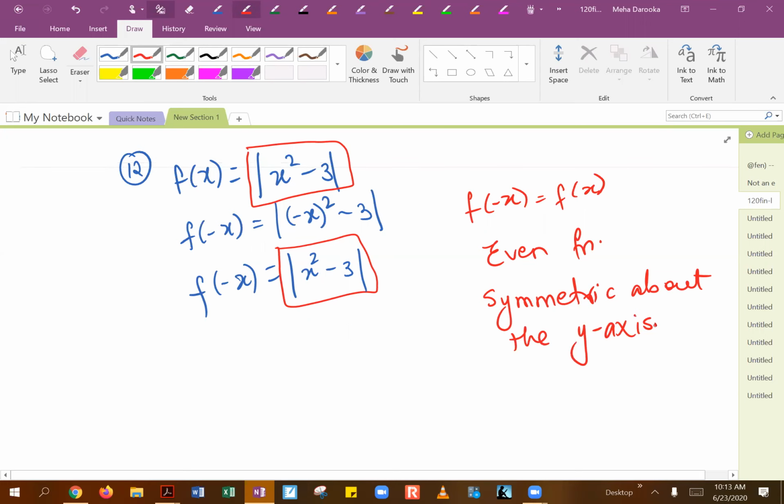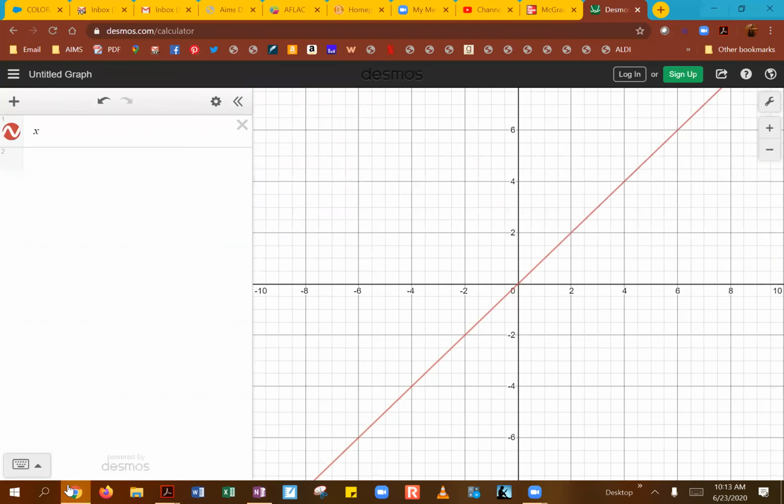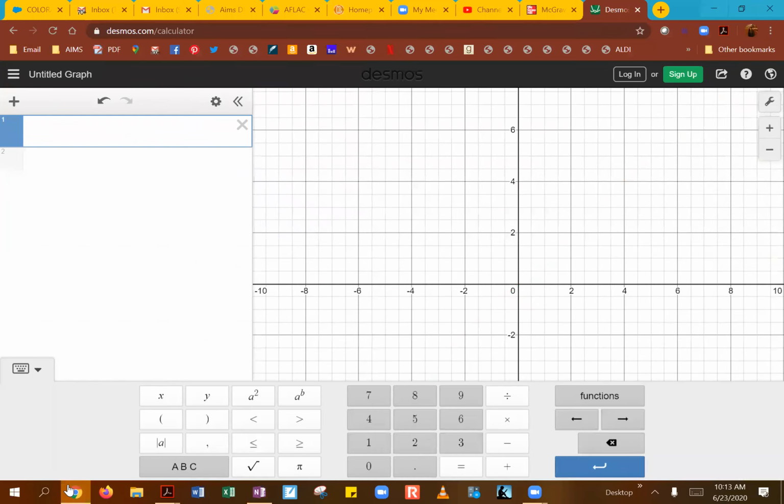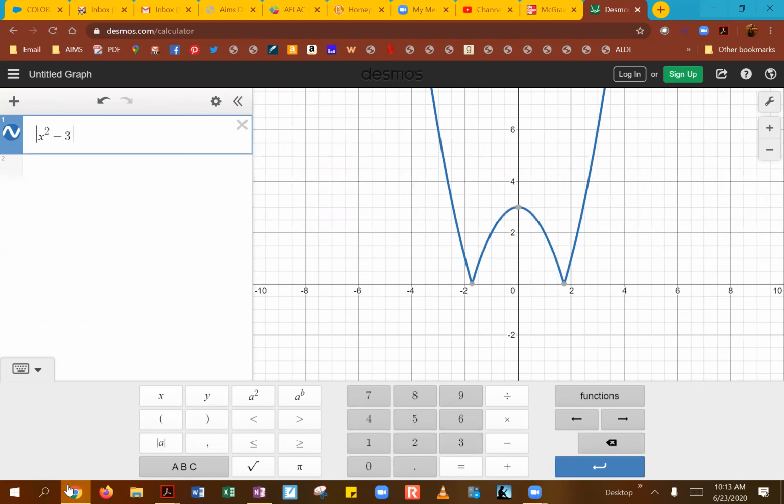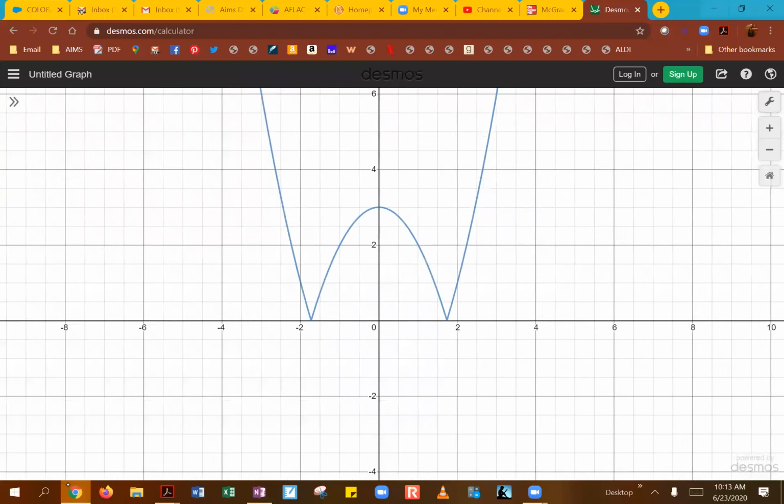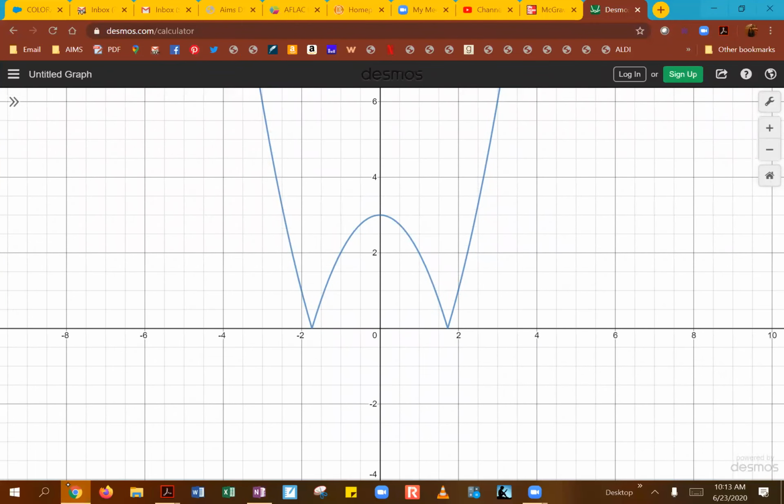So again, just to quickly show you the graph for this guy. This is with absolute value. And then we've got x squared minus 3. You can see, because of that x squared part, you have that little parabolic shape. And the minus 3 is, of course, giving you that y-intercept over here. But then it's still keeping that V shape for the absolute value.